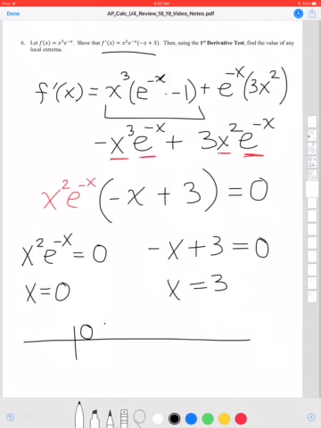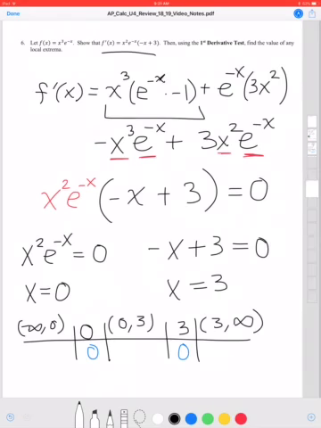Alright, so we need to make a sign chart. So we've got zeros at 0 and 3, and then we're interested in what happens before 0, what happens between 0 and 3, and what happens after 3. Alright, so we pick a number between negative infinity and 0. How about negative 1?